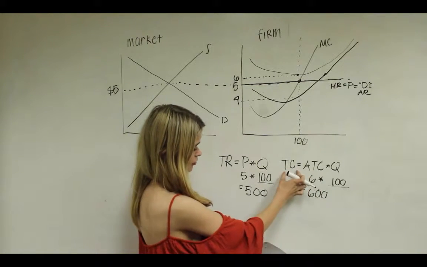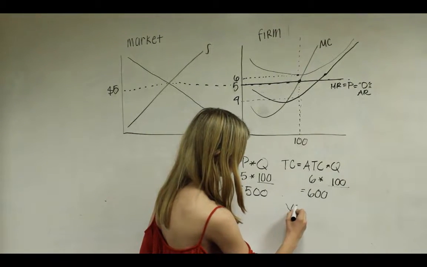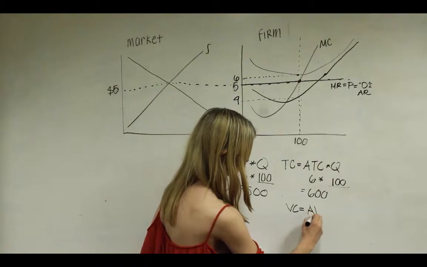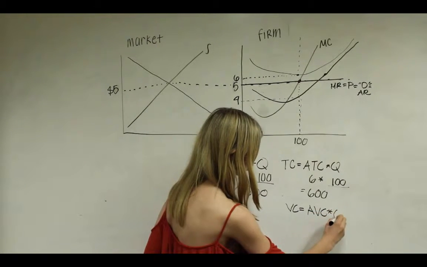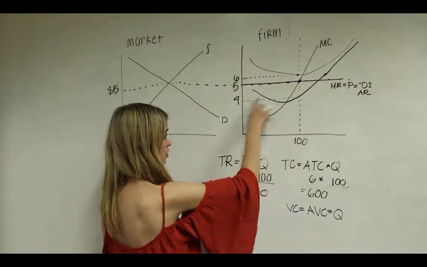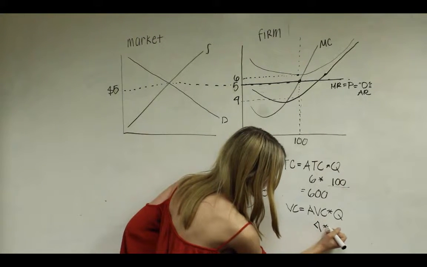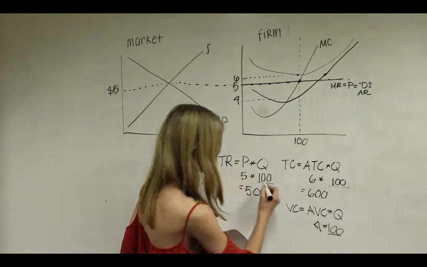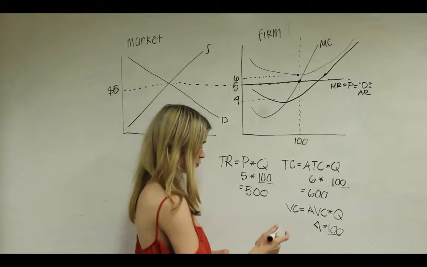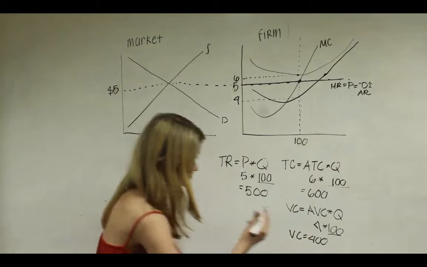Well, just like how for total cost we took average total cost times quantity, for variable cost, we're going to take average variable cost times quantity. Average variable cost was 4 because that's where 100 met the cost curve. And we're going to multiply that by 100 because, again, we're using that same quantity in all situations. So 4 times 100 is 400. So variable cost equals 400.